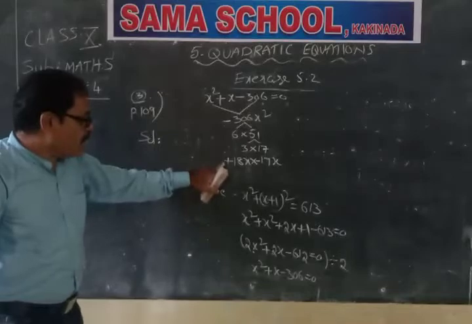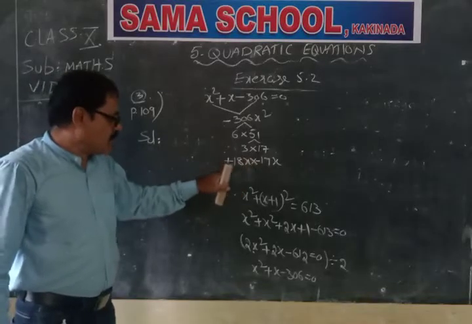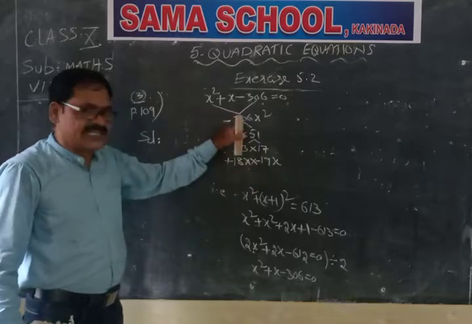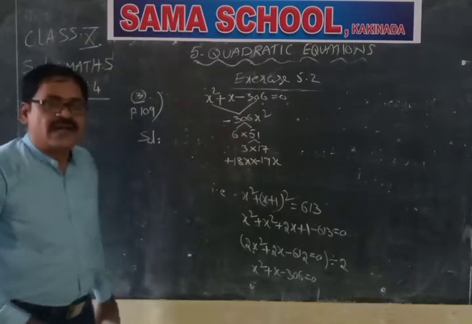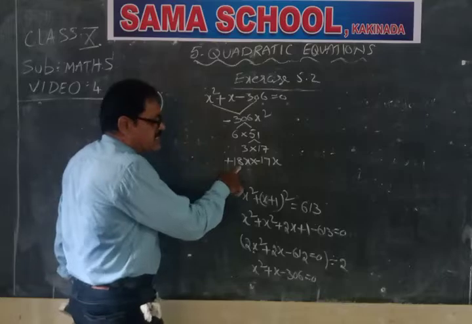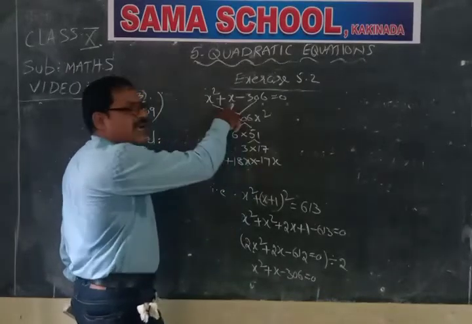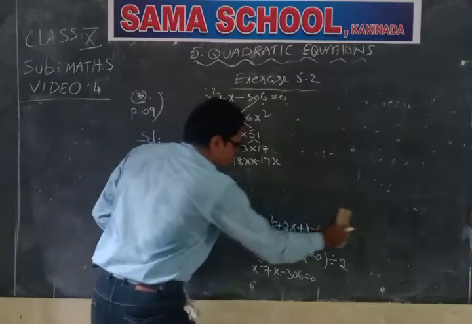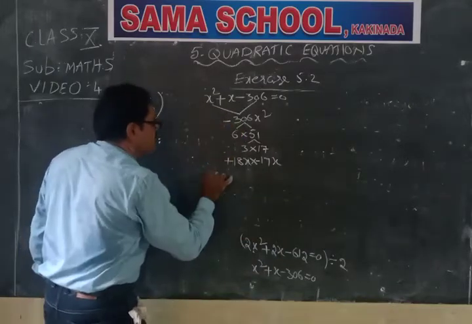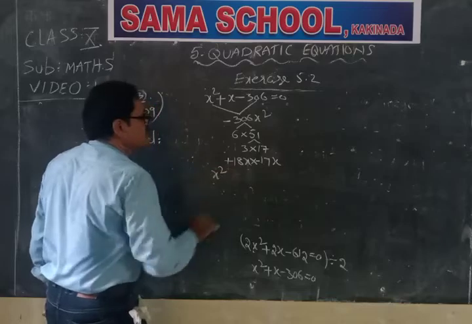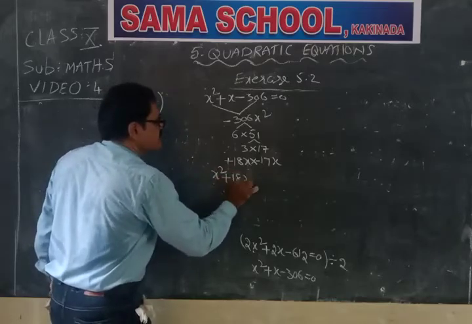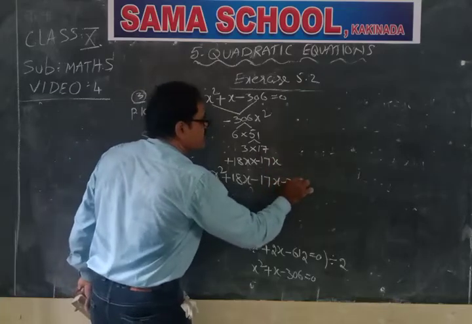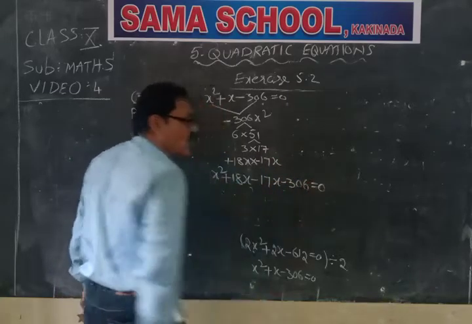Plus 18 into minus 17, minus 306 x square. And if you add plus 18x and minus 17x, we get plus x. That's why this can be written as x square plus 18x minus 17x minus 306 is equal to 0.